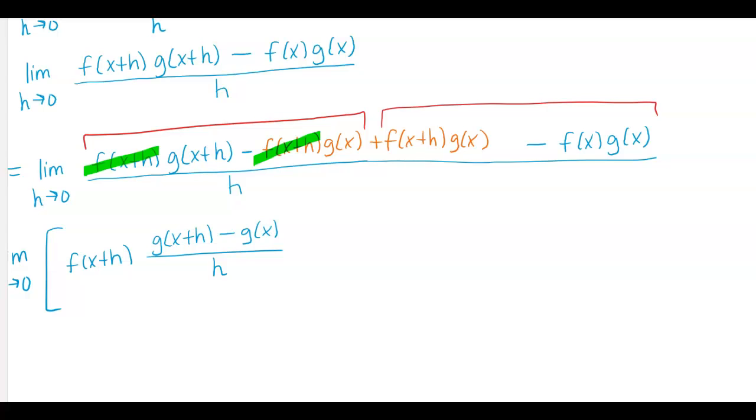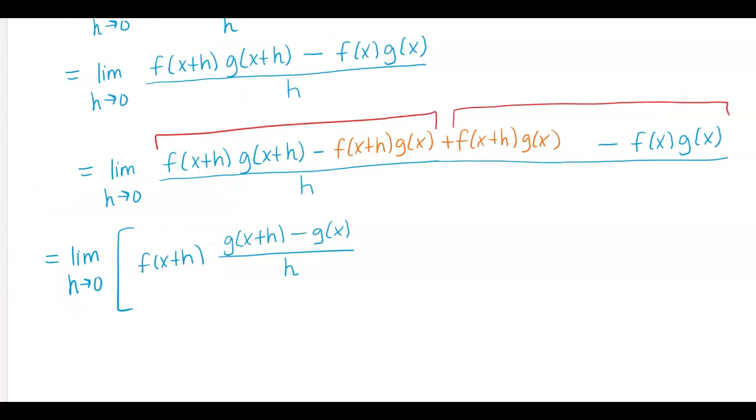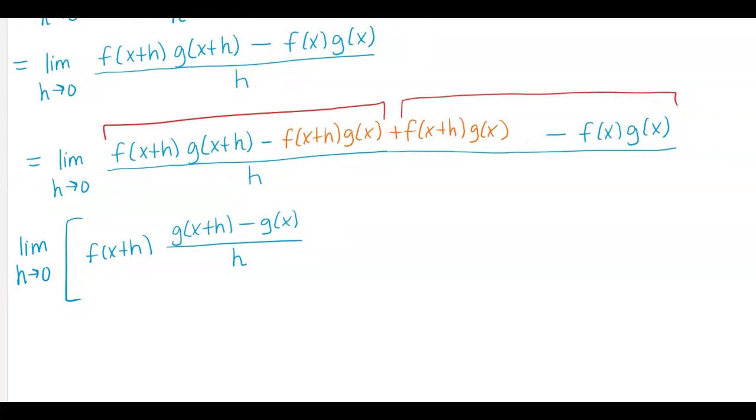Let's look at the second set now. The second set is going to be, we're going to factor out from the second two terms g of x from both and bring that out to the front. And then we'll have this other fraction, f of x plus h minus f of x over h.